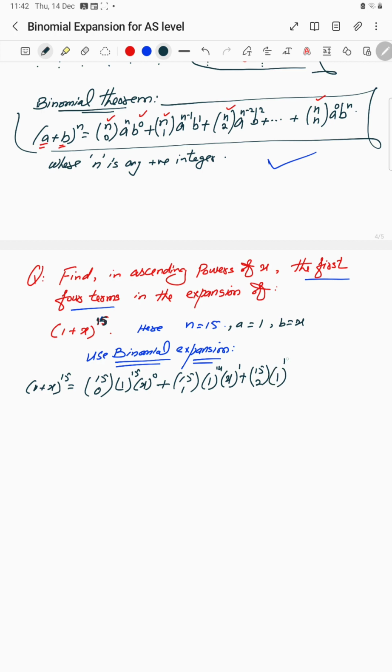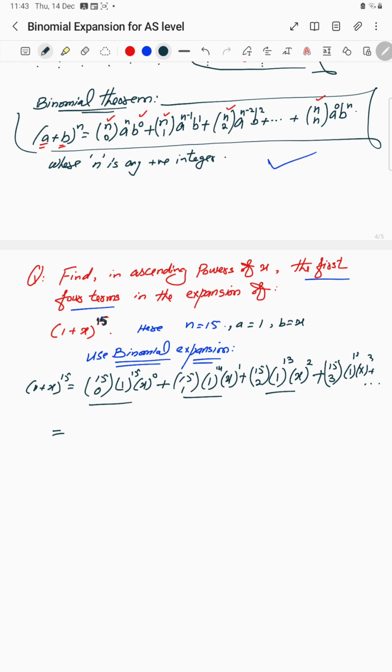Successively you need to decrease the power of a, which is 1, by 1 at each term, and in each term increase the power of b by 1. So we have one term, two terms, three terms, and four terms: 15c3, 1 power 12, x power 3, and so on. We don't need to expand till the last term, because the question mentions only the first four terms.